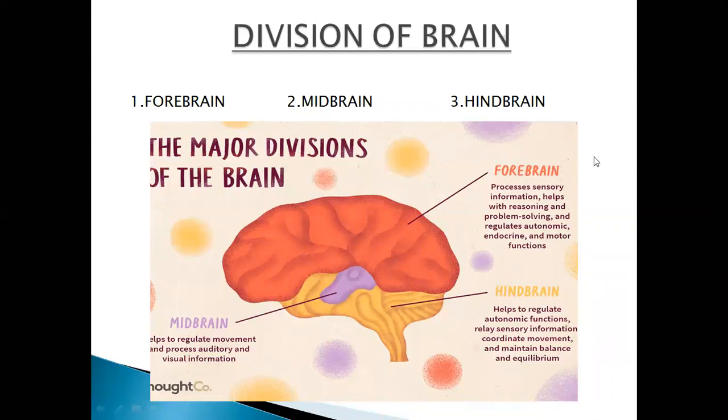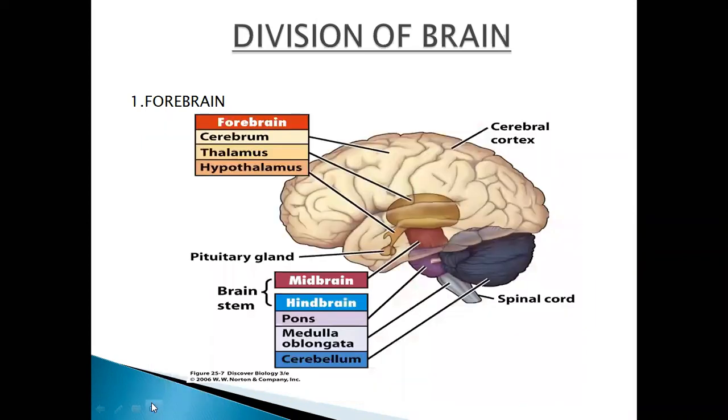So let's see the first part, that is forebrain, its division and the function of each division. Okay, this is the forebrain, the first part. This region is of forebrain, fine. So you can see this is the forebrain. If we start from here, this is the hypothalamus, this part, which is present in forebrain.